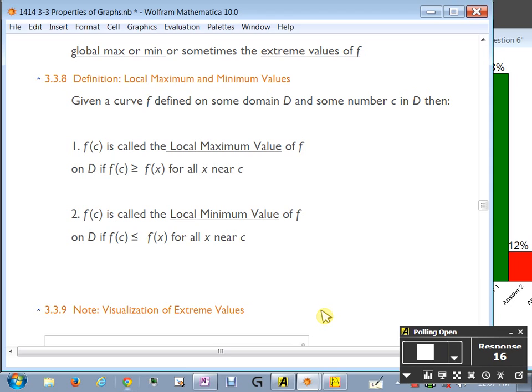Relative to the sun, am I close to SeaWorld? So nearness is a relative thing, and it's very difficult to use that word nearness in mathematics. But we have to kind of keep going around it for a while. Unless you're a math major, you'll never really get into the true, precise definition of what nearness means. For us in this class, we're just going to say near means whatever we want it to mean.